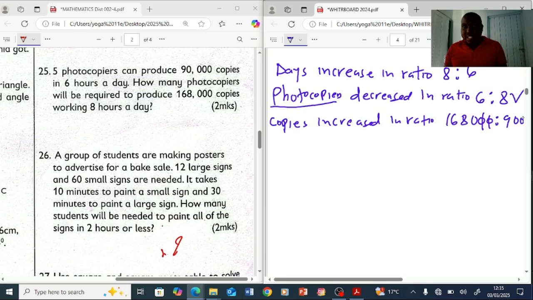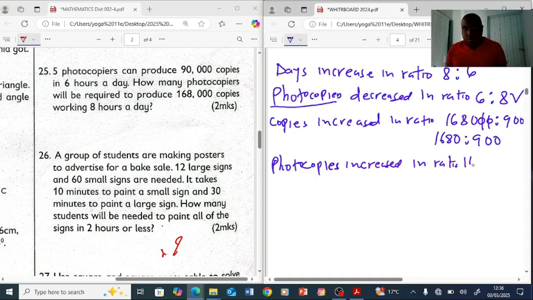I've cancelled the last two zeros in both. So if the copies have increased, it means the number of photocopiers also must have increased in the same ratio, 168 to 900.